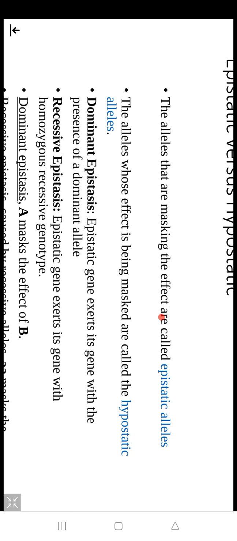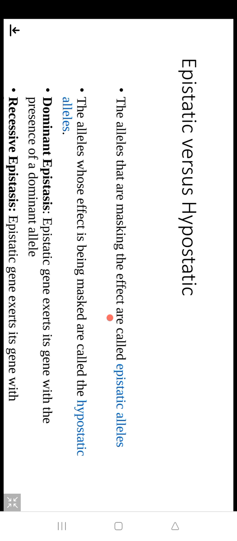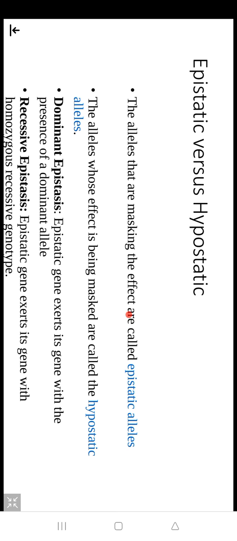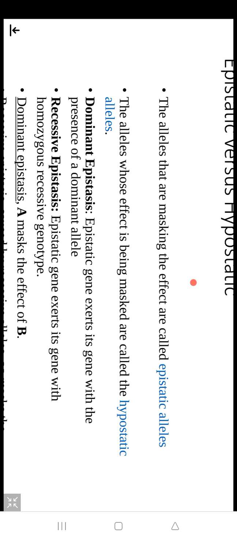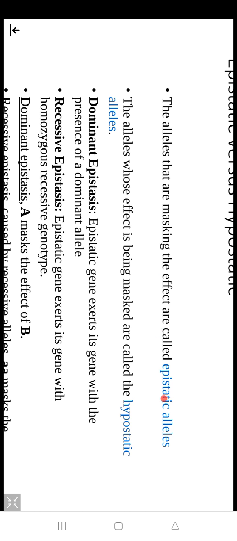So we can now define some terms. We can define what is an epistatic gene and what is a hypostatic gene. The alleles that are masking the effect are called epistatic genes or alleles. Like now we have seen B is actually masking the effect of E on coat color.